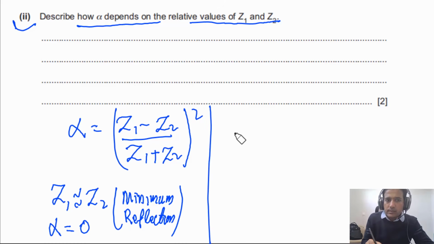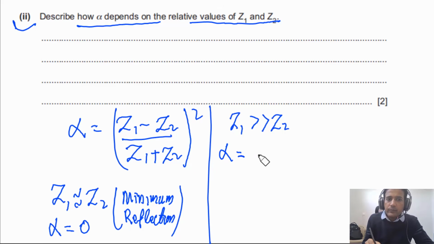And the second case: what will be the value of alpha if Z1 is much greater than Z2? We can imagine, let's say, Z2 is negligible.